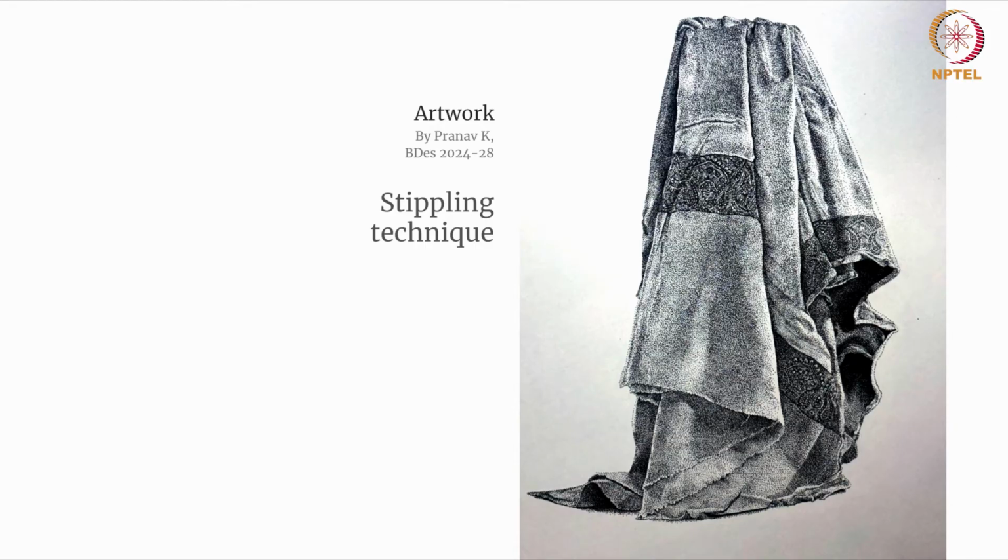Stippling requires careful attention and patience as the effect is built up dot by dot. It is, as said, a time consuming technique, but if done properly it can produce a highly detailed and textured image, especially in black and white artwork similar to the one visible on the screen.